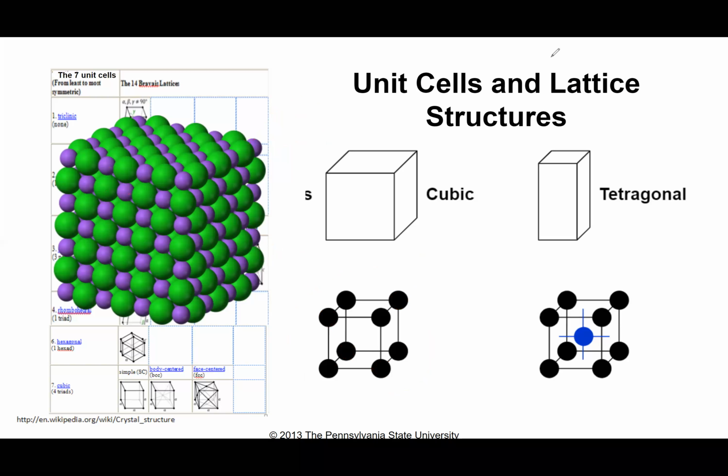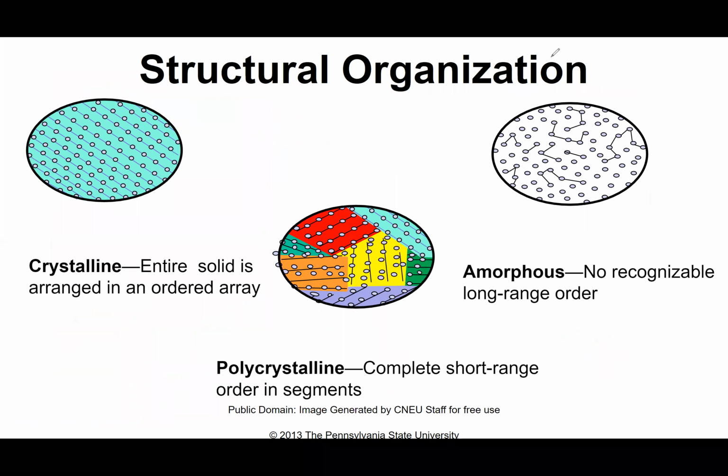All right. So this is just like I promised you, a visual to be able to, in your mind, identify the different types of structural organizations. So crystalline, you can see these are all very structured. Amorphous, these are all mixed up. There's no specific order to it.